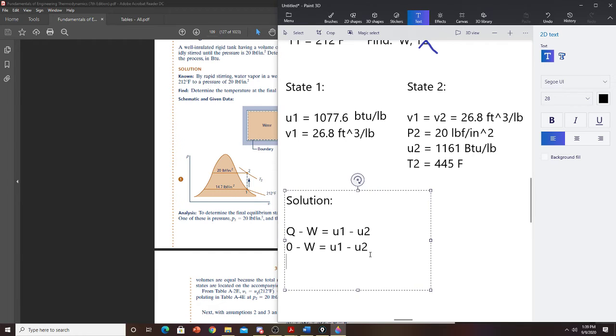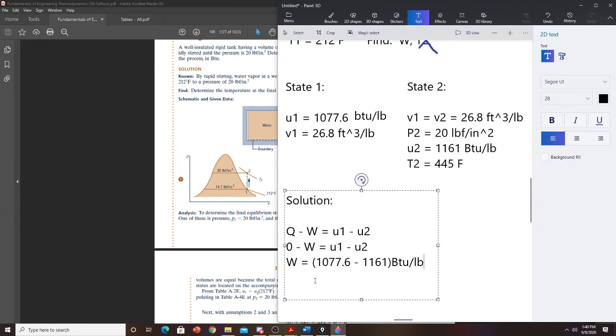So if we do that really quickly, you will get work is then equal to our values up here, which is 1077.6 minus 1161. And put it in parentheses, and then you add your units at the end if you really want to. But if you know your units, not a big deal. So really quickly, does anybody know what that is? It looks like 17 will take us down.